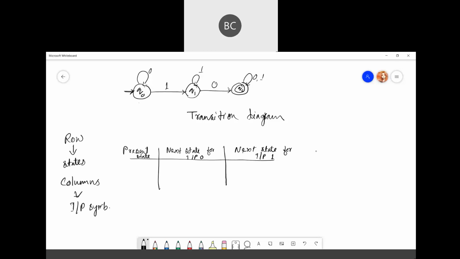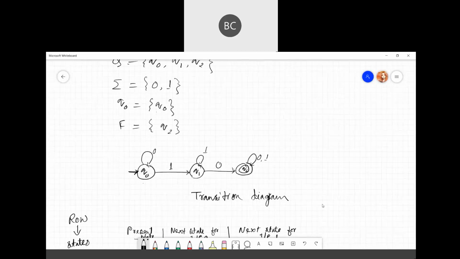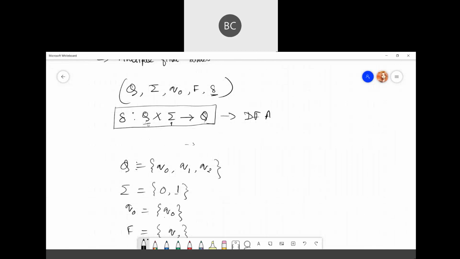Okay, then every whole table will represent basically the transition function. See, your transition function takes an input symbol and the state, and the next is the transition to another state.